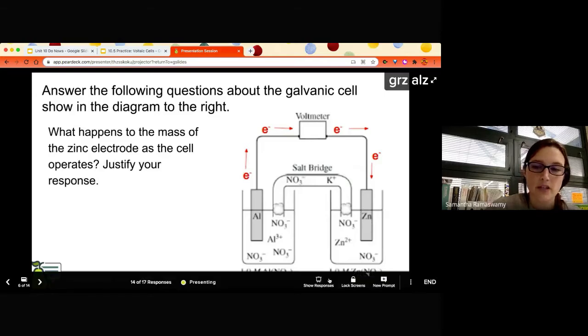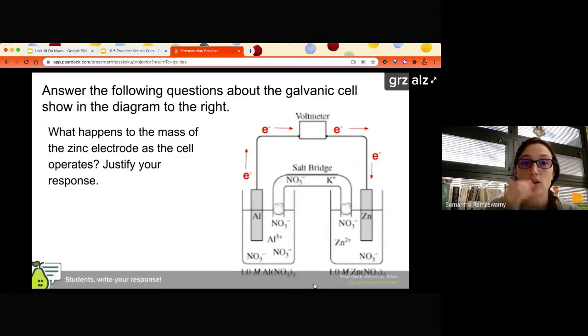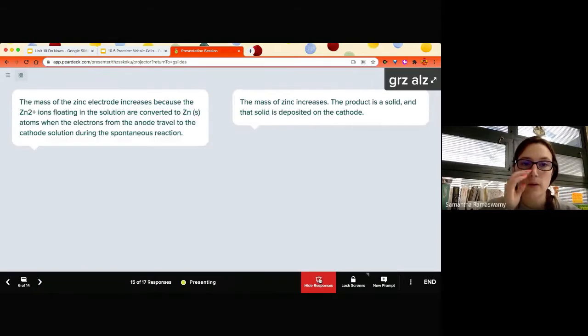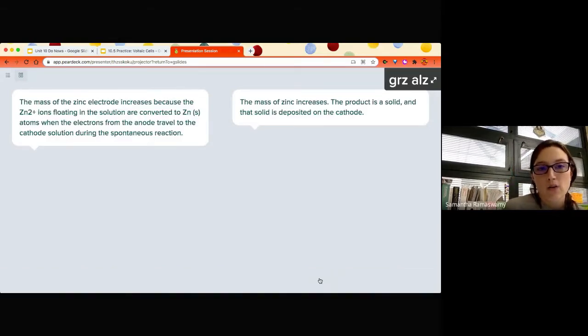Okay, so I'm going to show a couple responses, and then we'll look at the answer that College Board was also looking for. So a couple responses here. And so either one of these works. One is a little bit more specific, but both of these are still good answers.